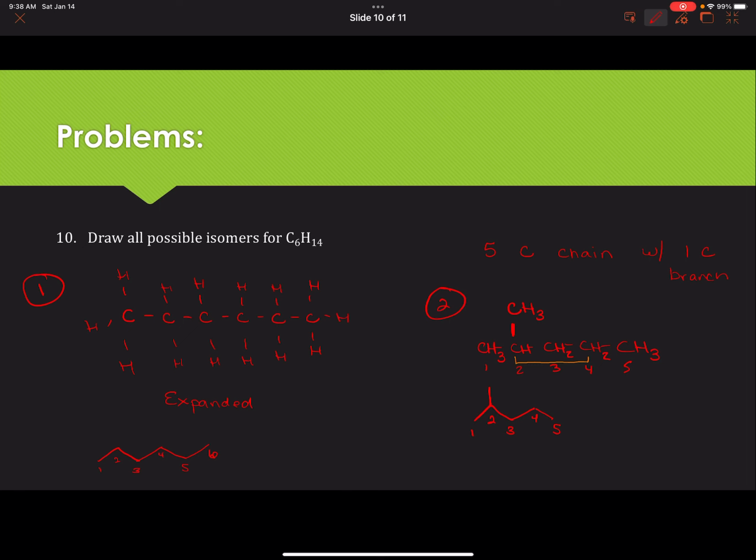Now, our next step is we're going to move the branch down the chain. So we're going to go with another 5-carbon chain. We're going to move our branch to the next carbon. So I'm going to place my branch on that second interior carbon.